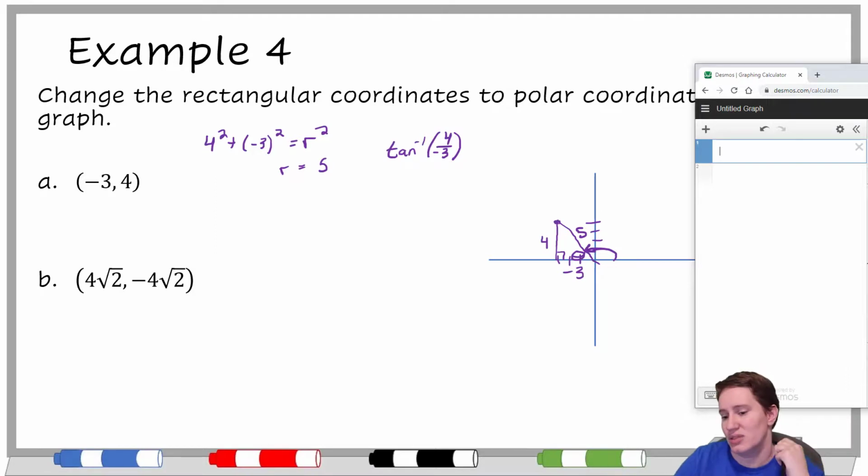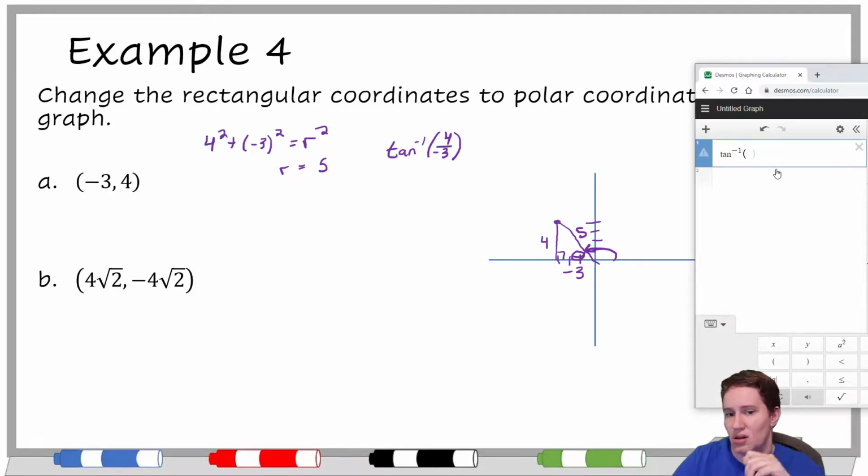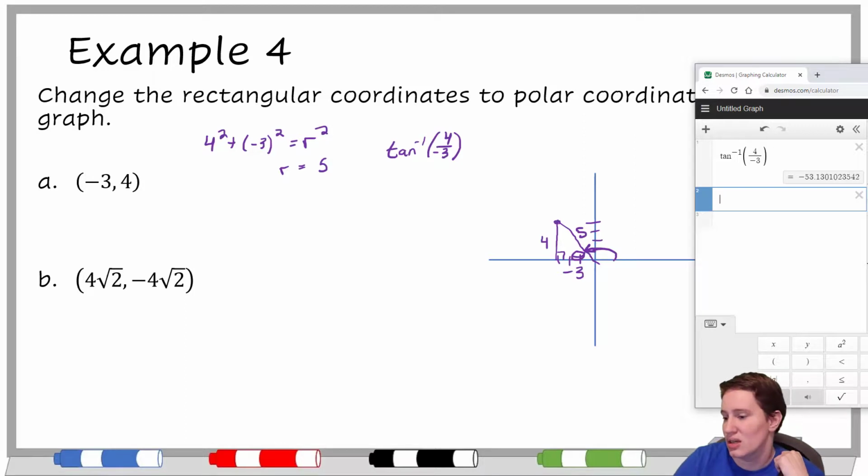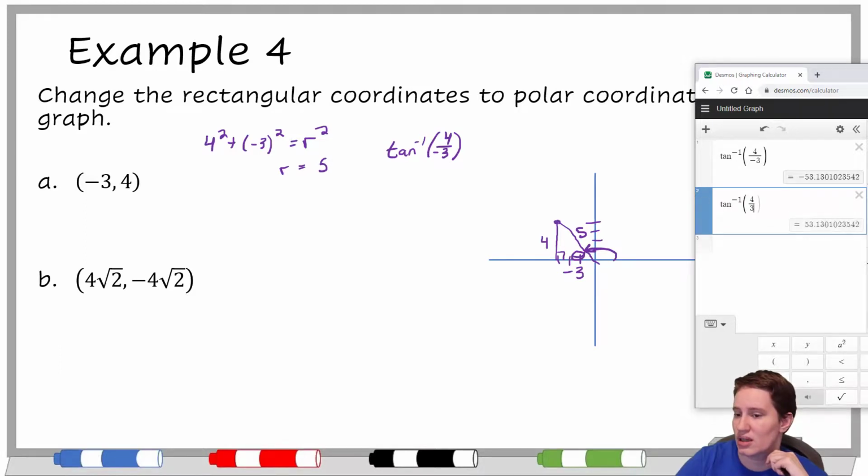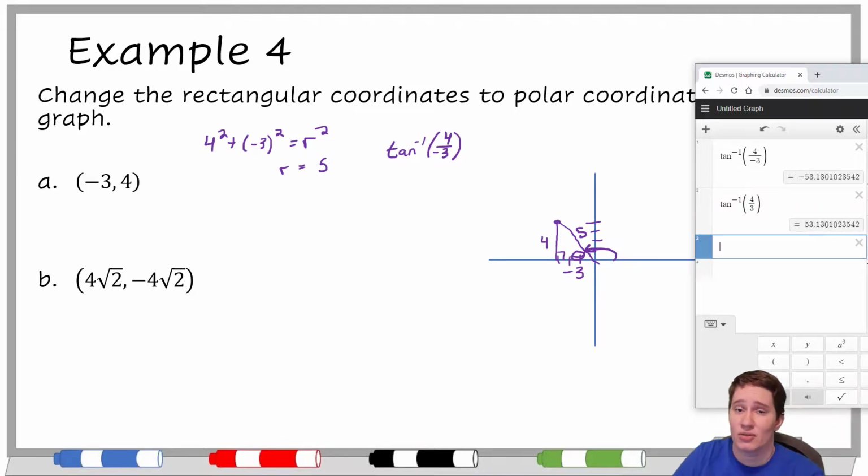If I do inverse tangent of 4 divided by -3 versus me doing inverse tangent of 4 over 3 and ignoring the negative, in both cases I get 53, but when I have the negative in, it gives me -53. When I don't put the negative in, it gives me positive 53.